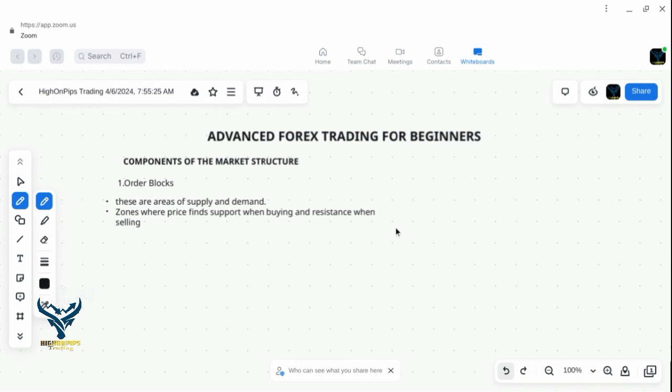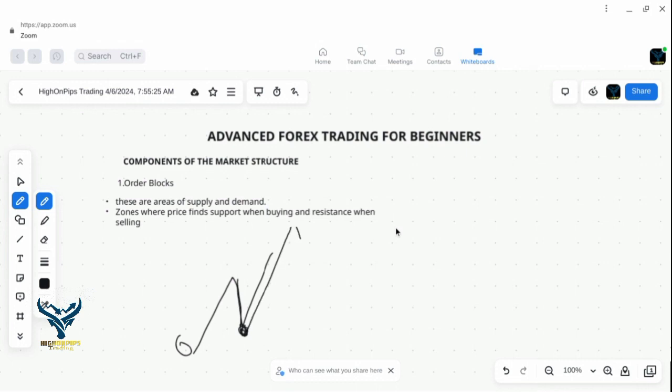For example, if the market starts moving from this low and then it goes up and then it comes back and then it goes up again, we need to know why it chose to come down and utilize this area as a support area before it goes back up again.